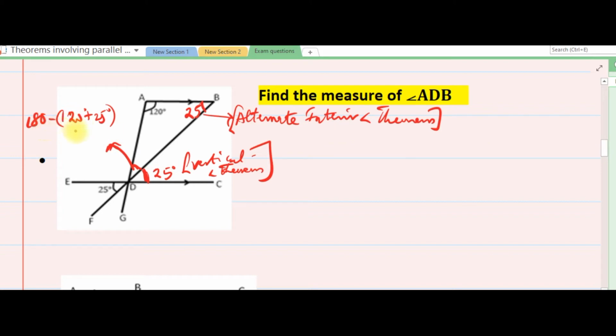It is 60 minus 25, which is 35. So it should be 35. Yes, that's our answer.